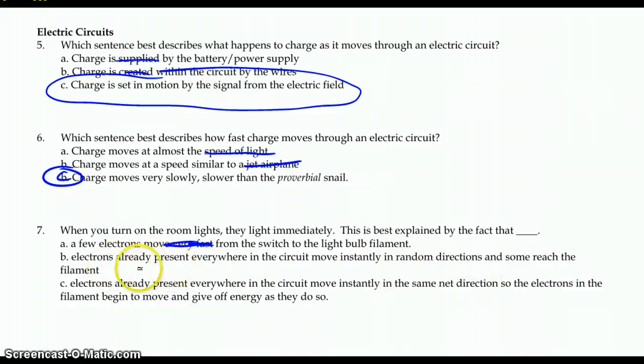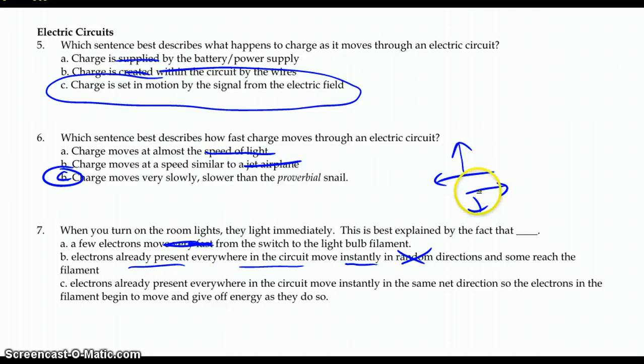The electrons that are already present, and they're present everywhere in the circuit, as soon as the electric field hits, they start to move instantly. Now they start to move, but they don't move in random directions. If they did, then some would head toward the light, but some would come back this way, and some might go over this way.